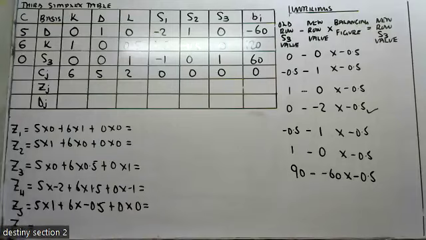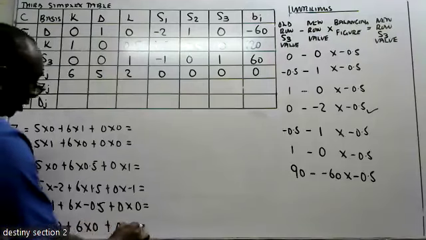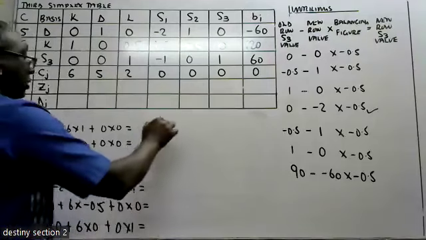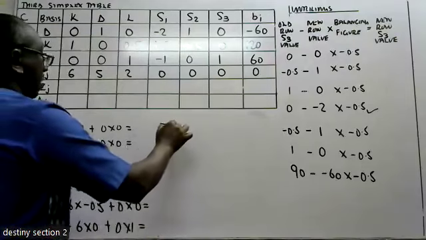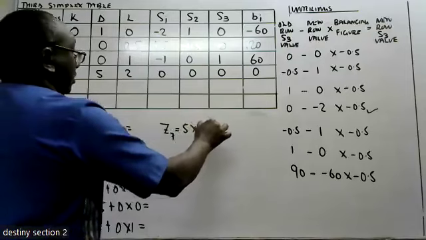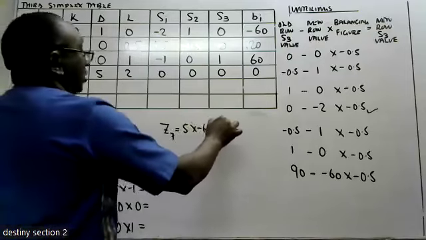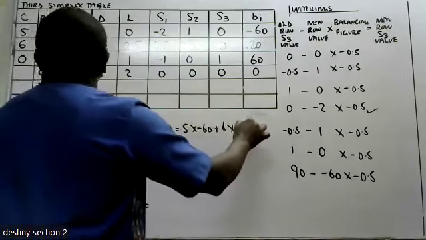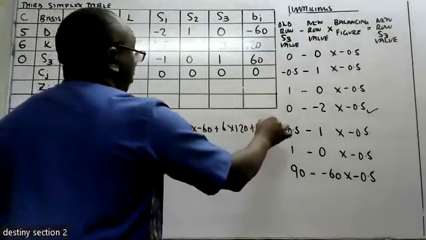Z6, it is 5 times 0 plus 6 times 0 plus 0 times 1. Z7, it is 5 times minus 60 plus 6 times 120 plus 0 times 60.